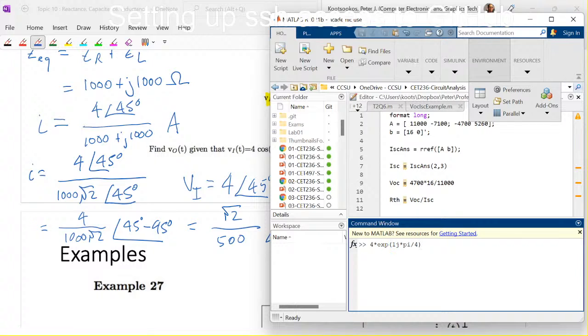So there's the exponential form of 4 angle 45 degrees. Pi on 4 is 45 degrees in radians. I need to do exponential j times theta.